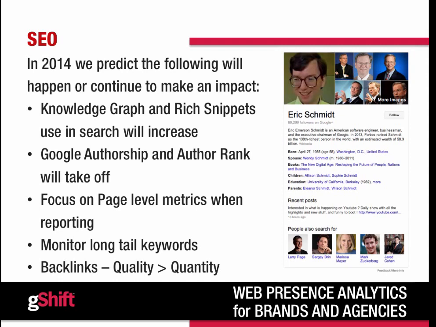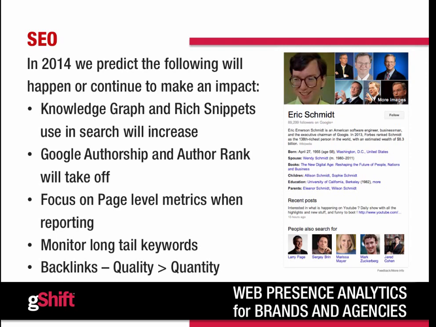Examples of rich snippets include pricing, reviews, local addresses, and various other things like that. For full information, you can visit schema.org, or we do also have a blog post on our website.